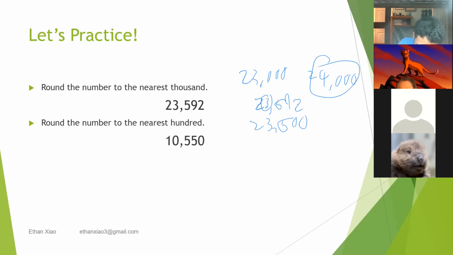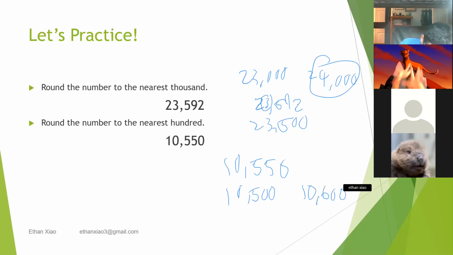And the next one is 10,550. So you round that to the nearest hundred. The two closest ones are 10,500 and 10,600, since you just add one to the hundreds value for the second one. And the middle is 10,550.